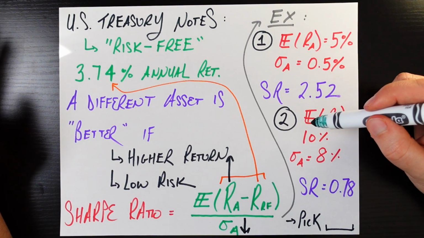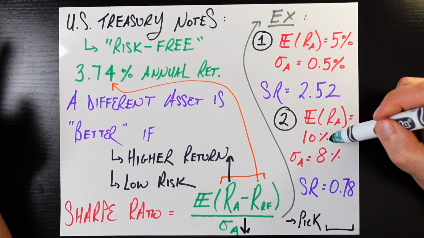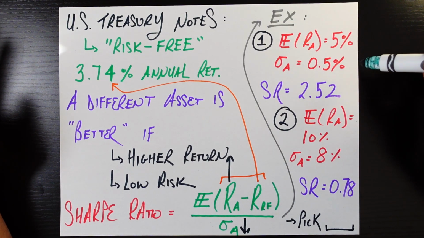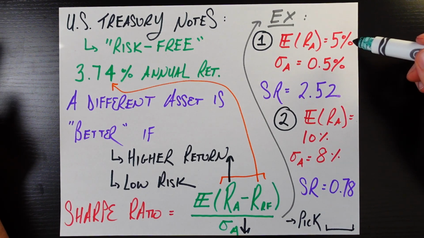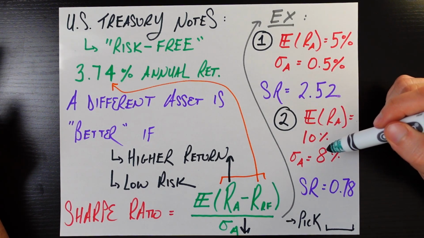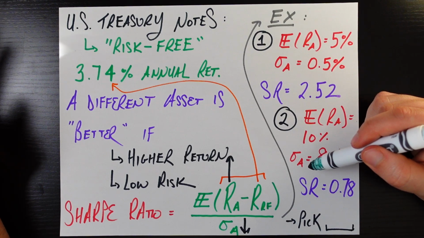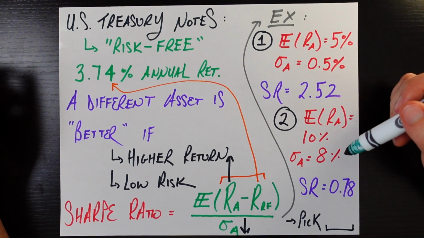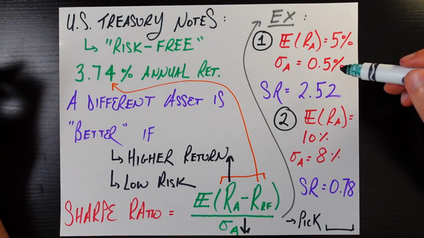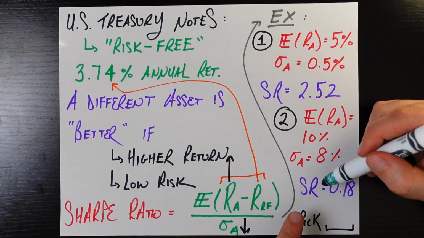Let's look at case 2, a different asset which has a return of 10%. If we were looking just at the expected return, we would say, whoa, the return of this asset is double this asset. We should totally invest in it. But the story is complete when you look at the standard deviation of the returns on this asset, which is a whole 8%. That's so much higher than the standard deviation from this asset. And that reflects in the Sharpe ratio when we compute it.